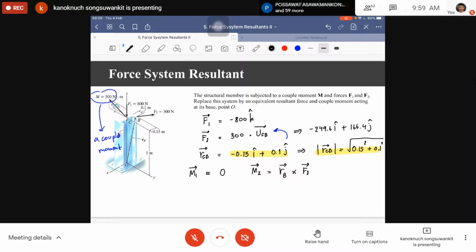Okay, so from this equation, we have the couple moment M2 in Cartesian form.